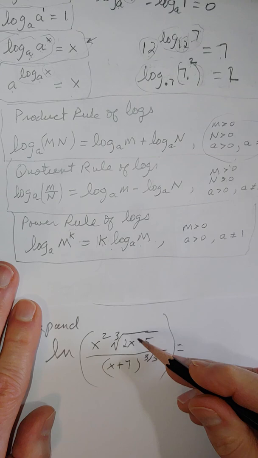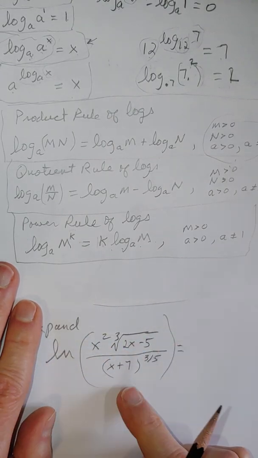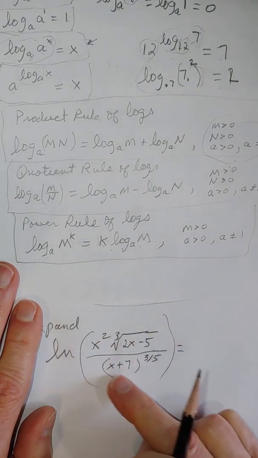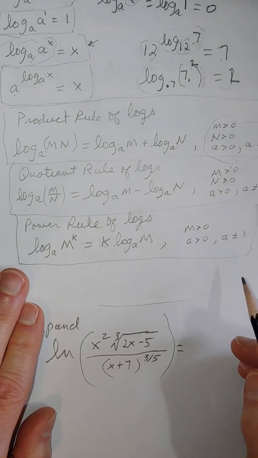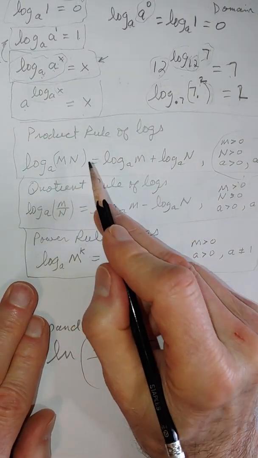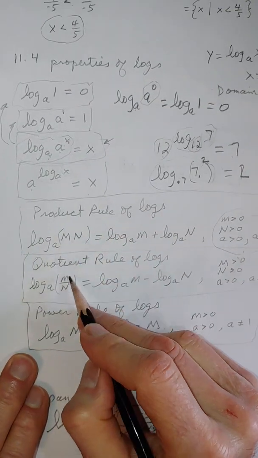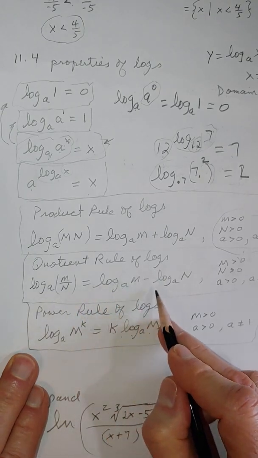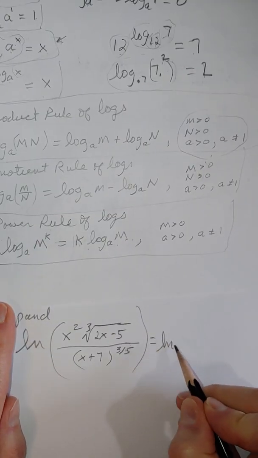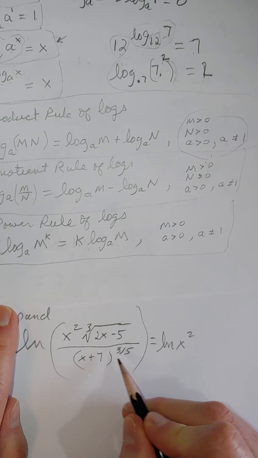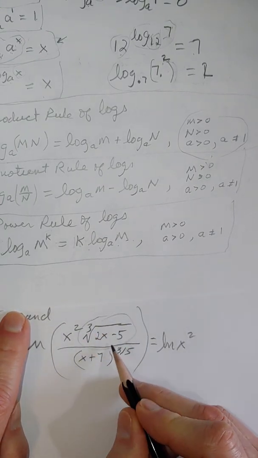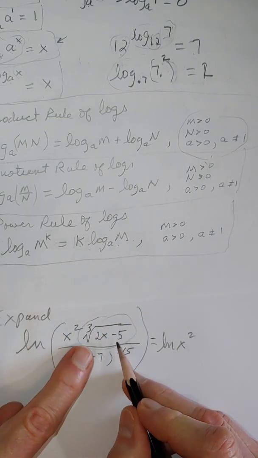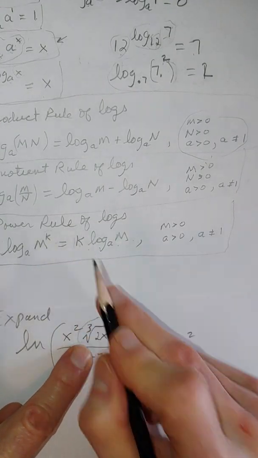So you see it's a quotient. Now you can do it different ways depending on how you express this, but you'll get the idea. I'm going to use the quotient rule first of all because that looks like a quotient. The quotient rule says take the log of the numerator minus the log of the denominator. So I could write this as ln of x squared times the cube root of 2x minus 5. Now, I'm going to switch that right now to 2x minus 5 to the 1/3 power because I'm going to use the power rule eventually.